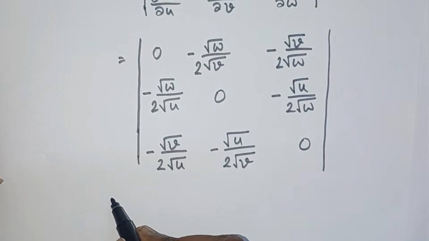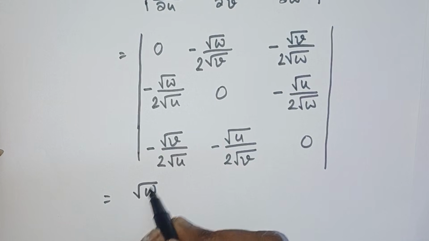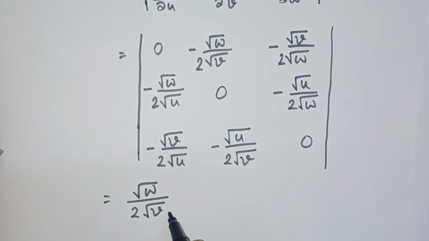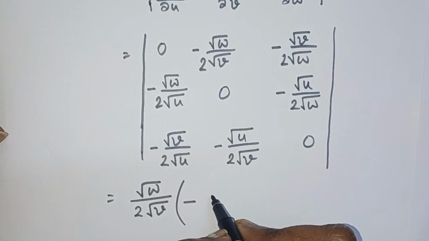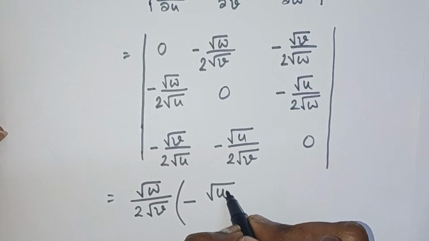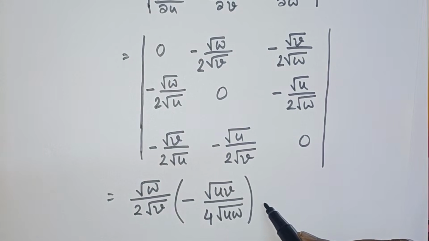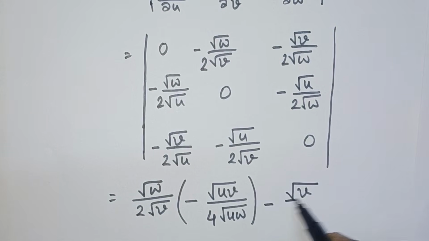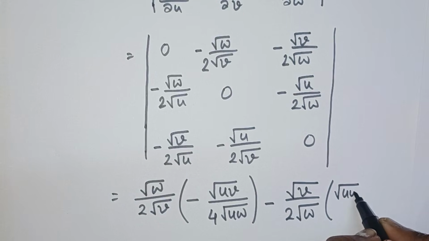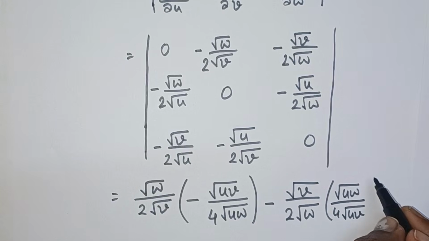Now if you calculate this determinant, then square root of w by square root of v with 2, then minus square root of uv by 4 into square root of uw, minus square root of v by 2 into square root of w into square root of uw by 4 into square root of uv.